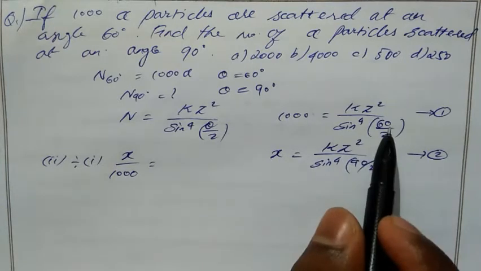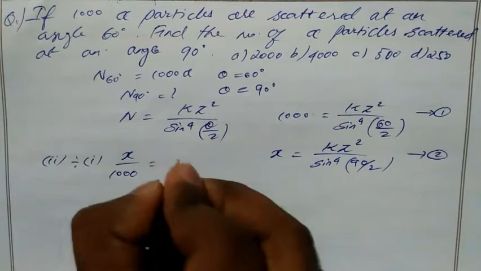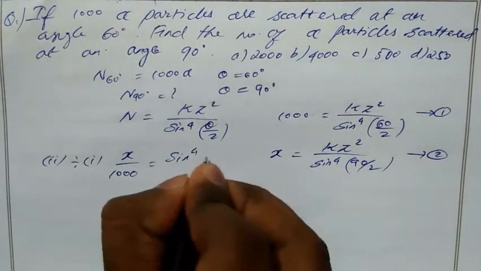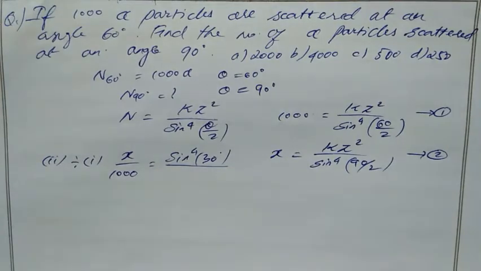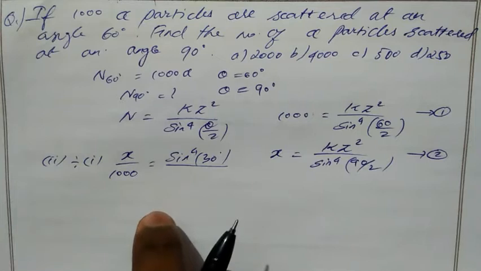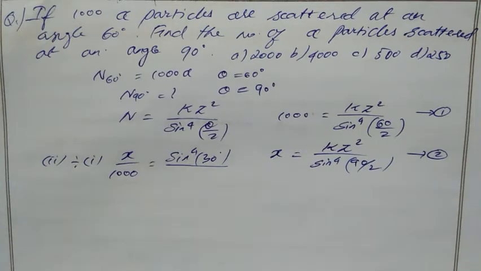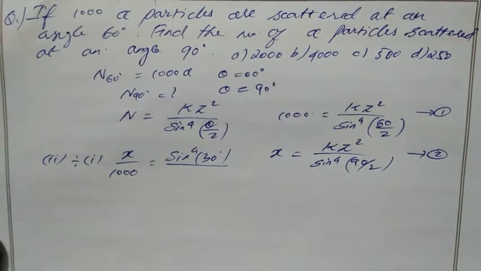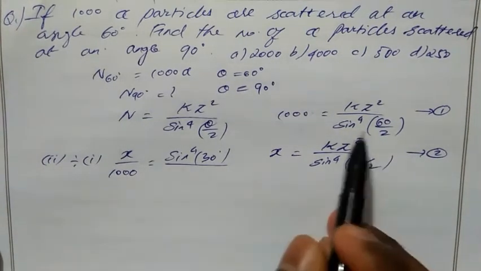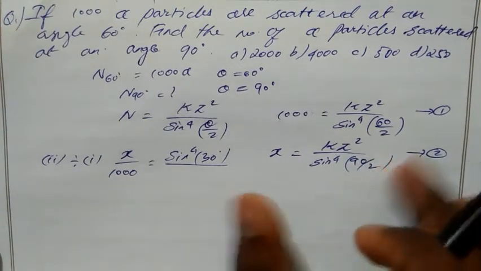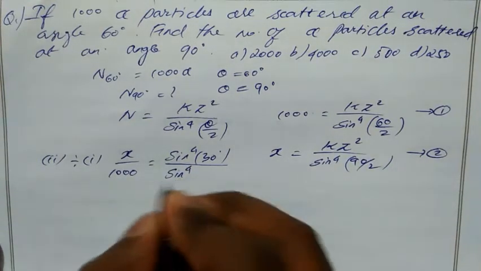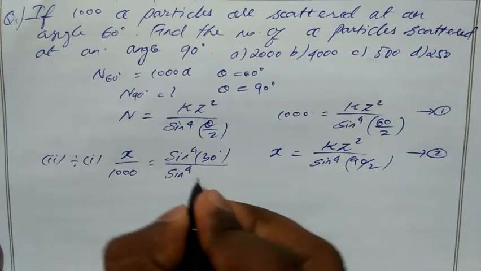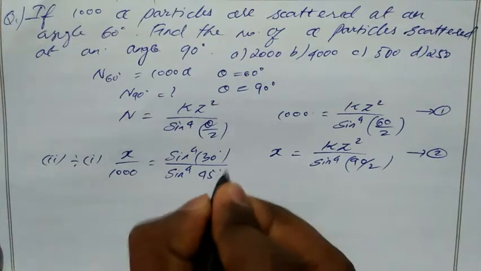Then we have sine power 4 of 60 by 2, which is 30 degrees, so sine power 4 of 30 degrees divided by, here we have sine 60 by 2, 30 degrees, and it will come reciprocal, so here we have sine power 4 of 90 by 2, which will be 45 degrees.